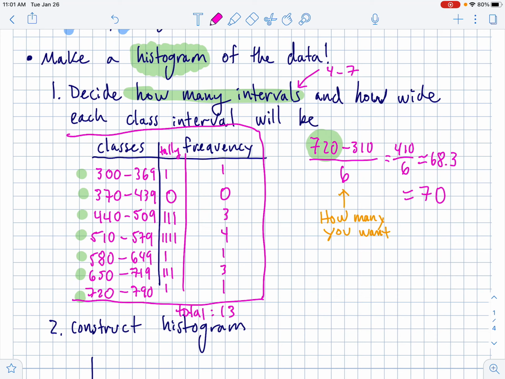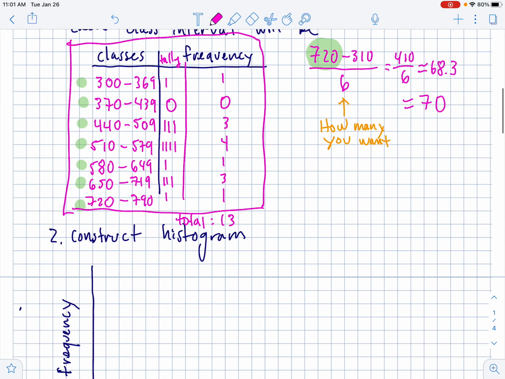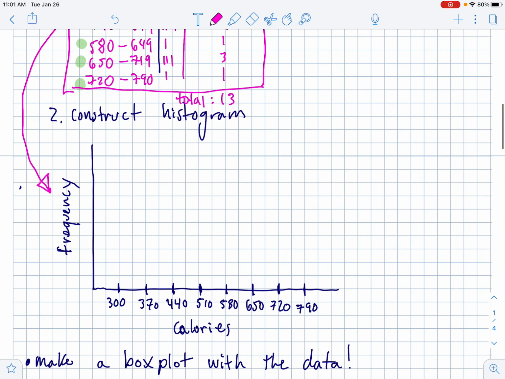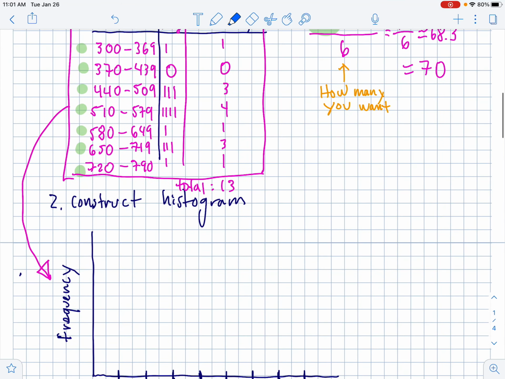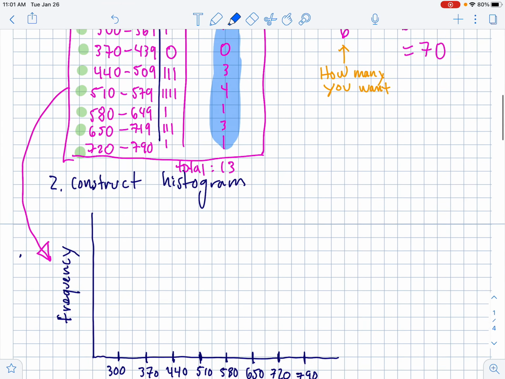So we're going to take this table, which is a frequency table, and then use it to make a histogram. So we'll go down here to make a histogram out of this. Notice on the x-axis that I have my calories starting from 300 all the way up to 790. And on my frequency side, I have no tick marks yet. The reason I'm doing no tick marks is because I needed these numbers right here to be able to decide how high.